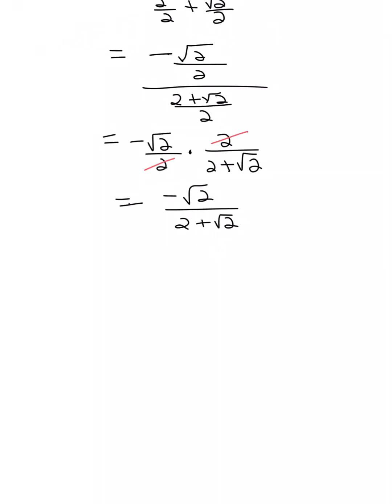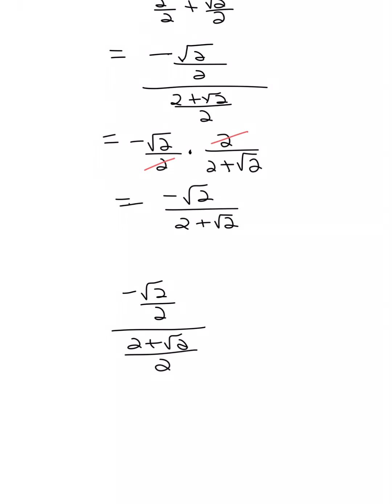Before we go on to another example, I want to go back and look at those last 3 steps for just a moment. Remember that we had at one point negative square root of 2 over 2 over 2 plus square root of 2 over 2. And then we multiplied by the reciprocal, and those 2's wound up canceling each other out.